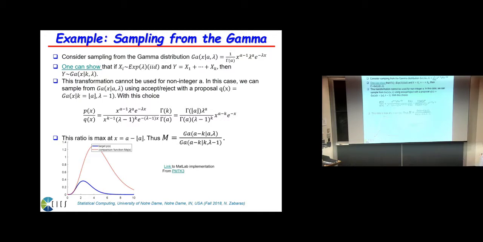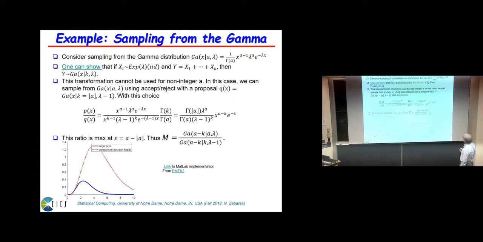Okay? So the idea is, can we actually use the accept-reject algorithm to sample from the gamma distribution? Okay, so here's the gamma distribution with parameters alpha and lambda.